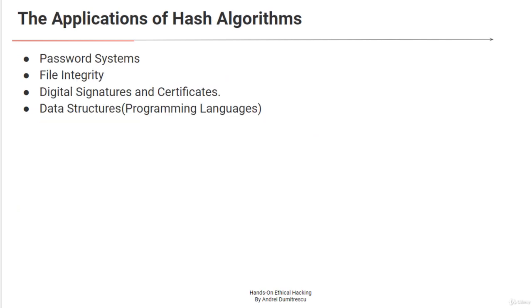Cryptographic hash functions are very commonly used in password verification. For security reasons, passwords are not stored in clear text. If an attacker was to break into the system and steal the file or the database where passwords are stored, the attacker could then access each user account.